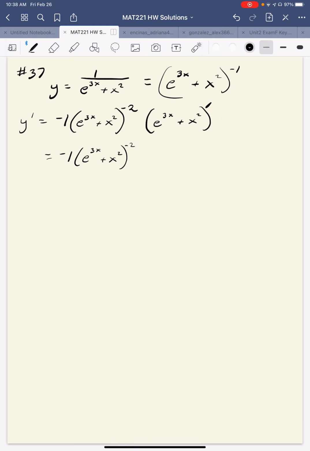So let me write that out. So I have the derivative of e to the 3x is going to be e to the 3x times the derivative of that term, 3x. So I'll come back and take that derivative later.